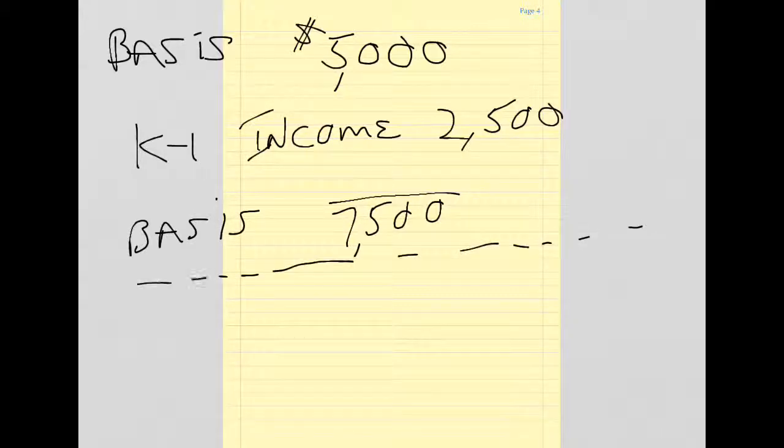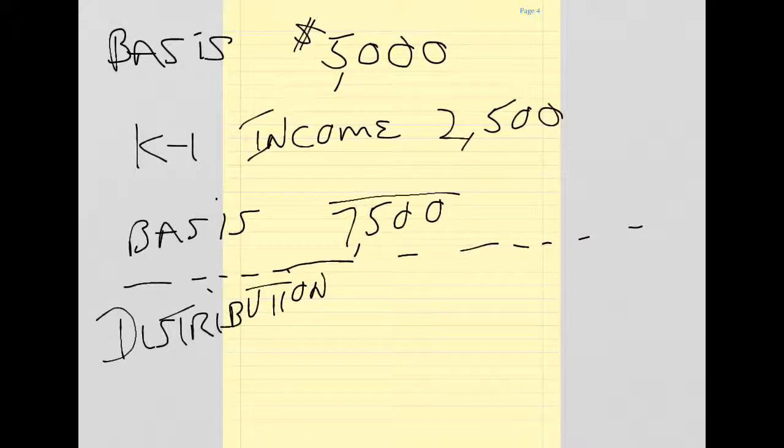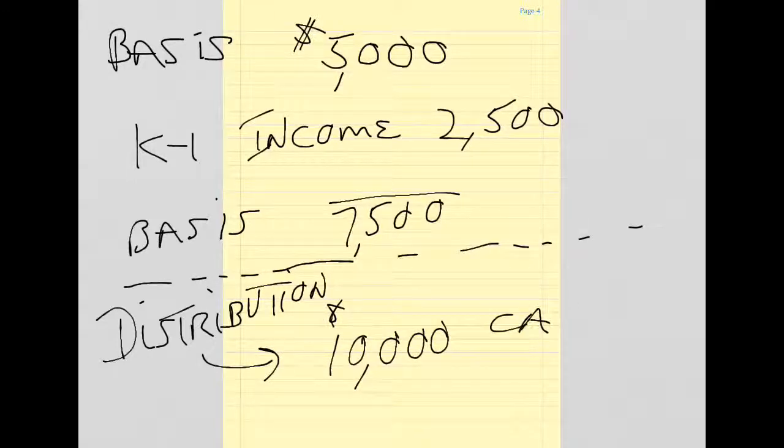The next year, this is the end of 1 year, the next year there's a distribution. Company makes the decision that it has some excess cash that they can distribute to the owners. Everybody's happy about it, and they distribute this amount of money, $10,000 cash.